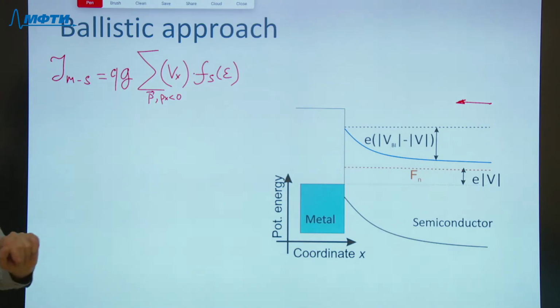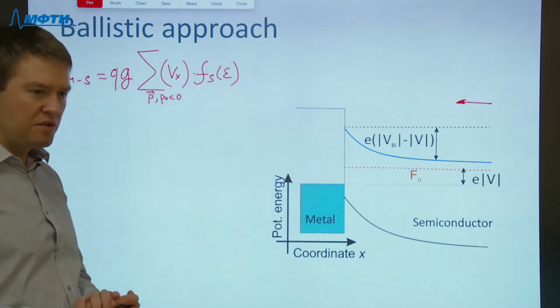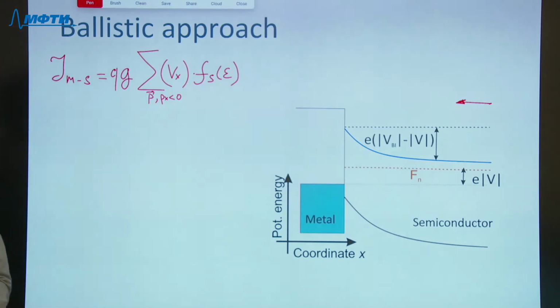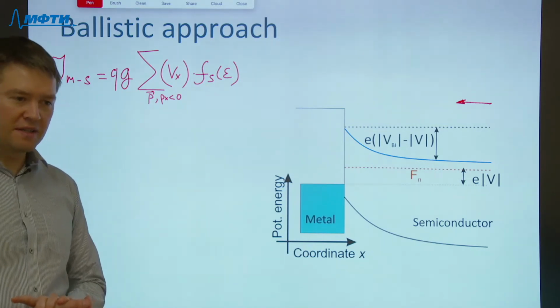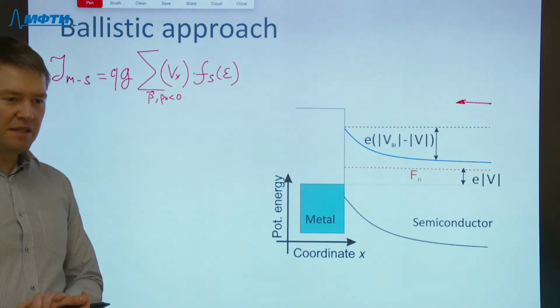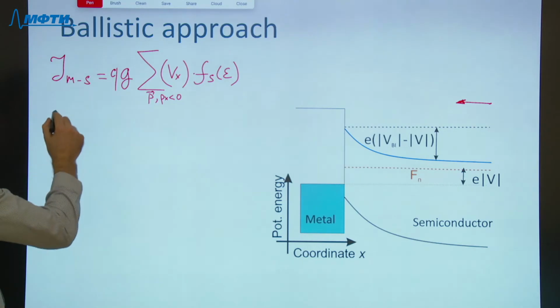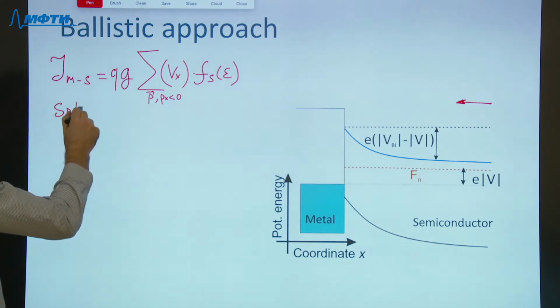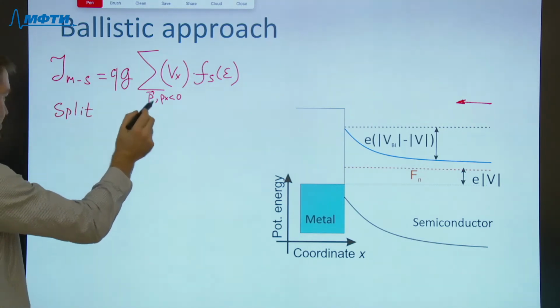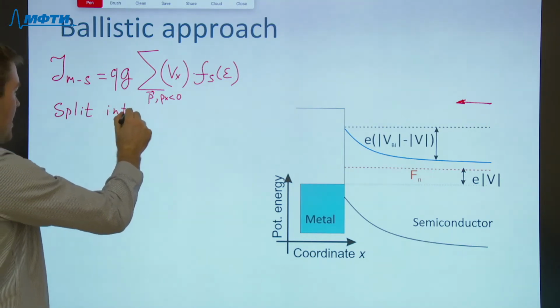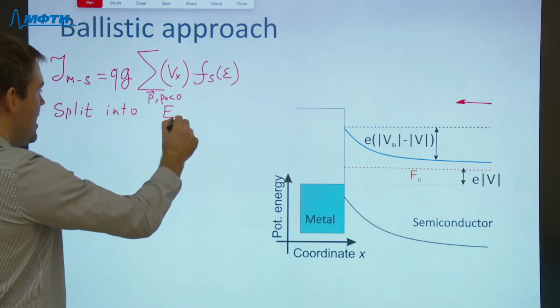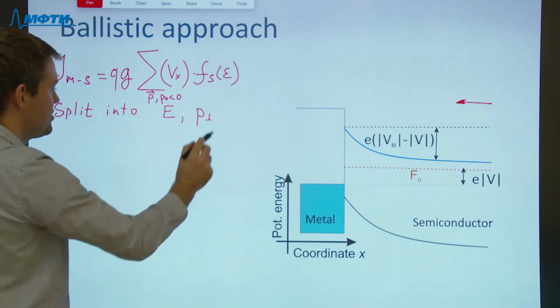or over the particles that have negative momentum. The straightforward way to do these kind of integrals in the previous lectures was to pass to the polar coordinates. But in ballistic calculations, the other approach is preferable. You need to split these integration variables into energy variable and transverse momentum.